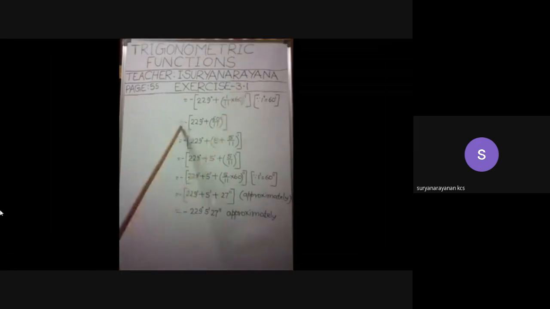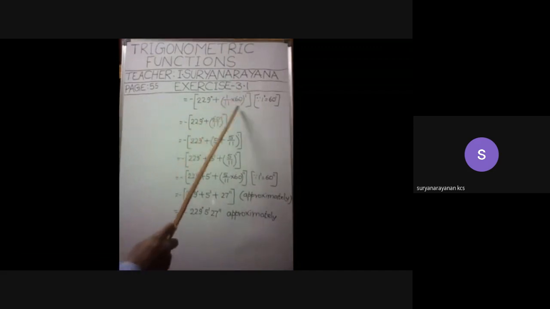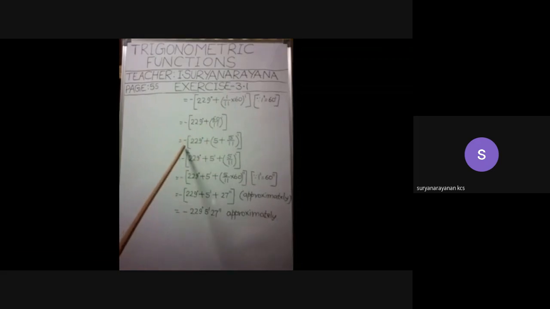That is equal to minus of 229 degrees plus, what will we get here? Simplifying these numbers, 60 by 11 minutes. Understood this step, my children? That is equal to minus of 229 degrees plus, again it is an improper fraction. We have to convert it into a mixed fraction.